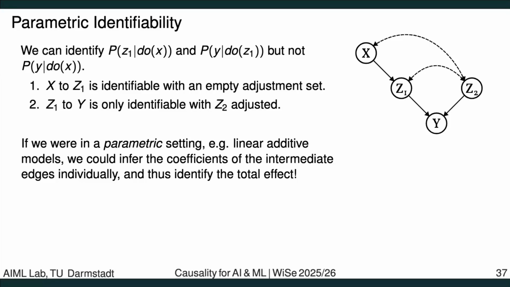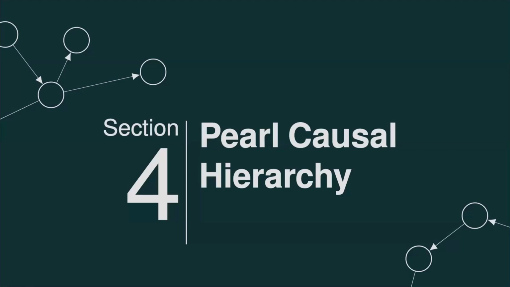Then it's really just looking at all the paths from x into y and chaining all the edges along the way together. So maybe we do a brief break till 11, and then we finish with the whole causal hierarchy.